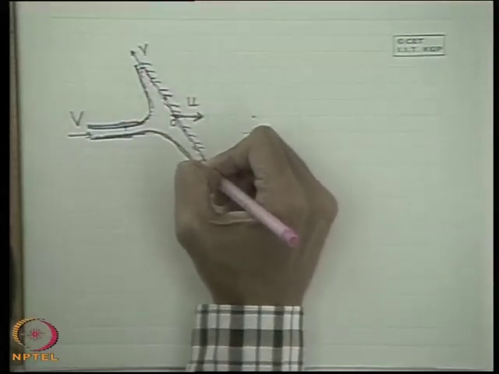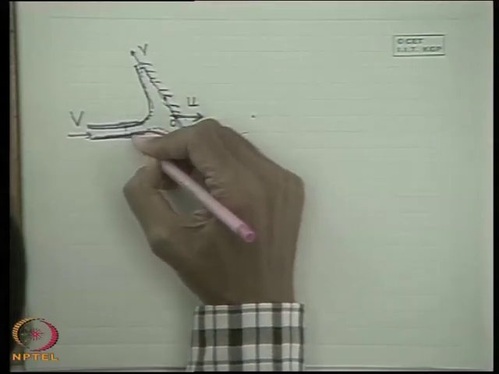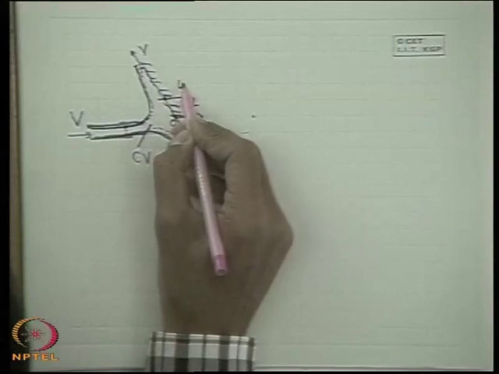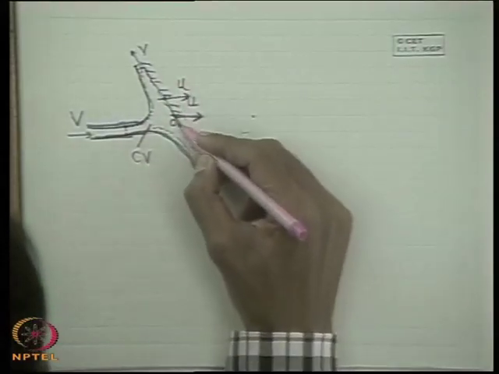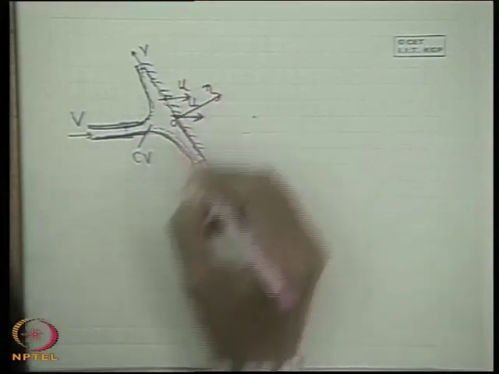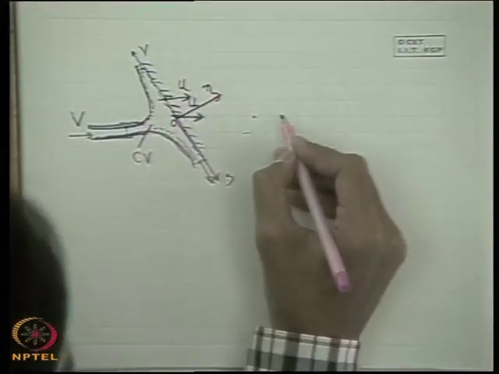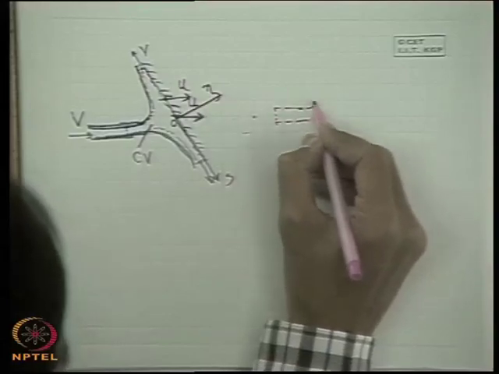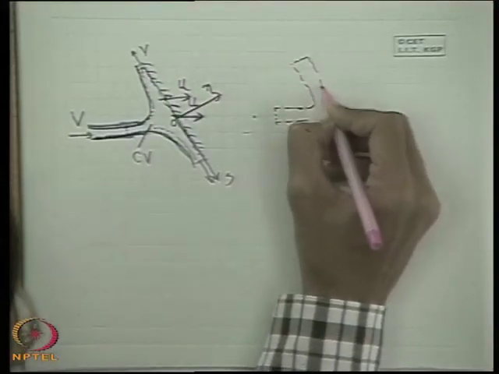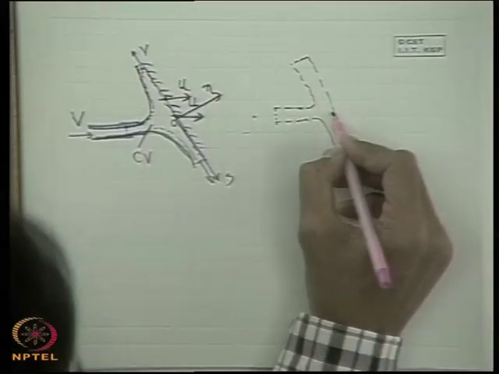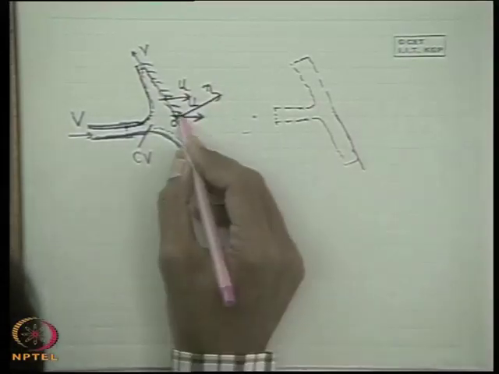I will consider a fixed region of fluid as the control volume. Well, the concept is the same. We will take the same control volume, but the control volume is also moving with the speed u, and we will fix the coordinate axes s and n with the control volume. This is my control volume, but it is also moving with the same speed u.